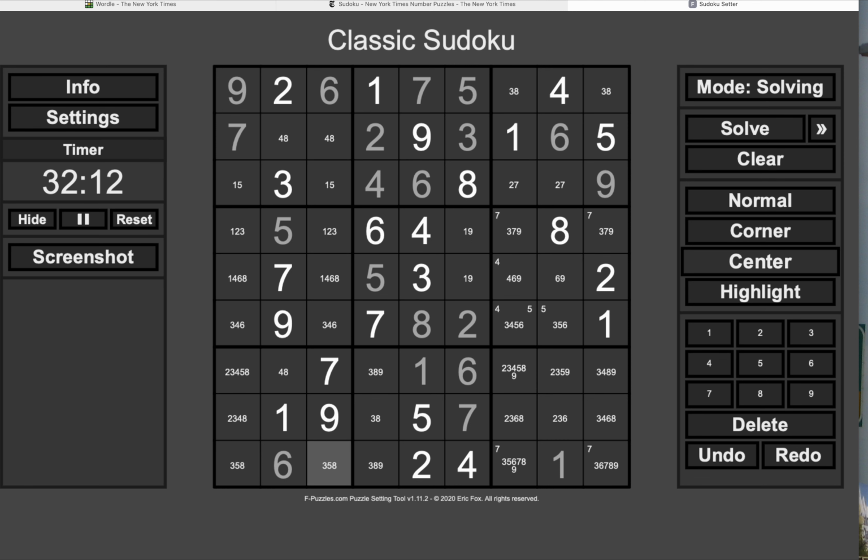Neither is that. This is 3, 4, 6. Still, right? This is not 6, but that doesn't get me much else, does it? Nope.